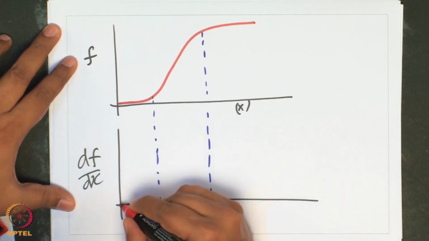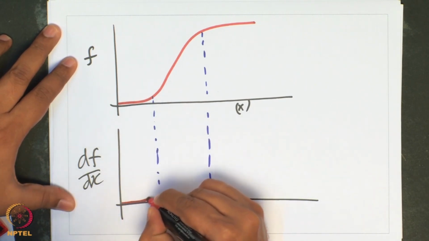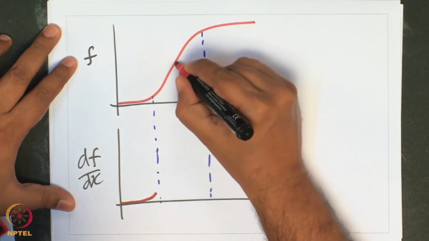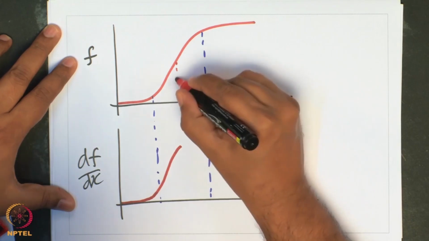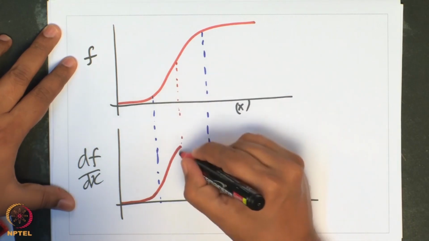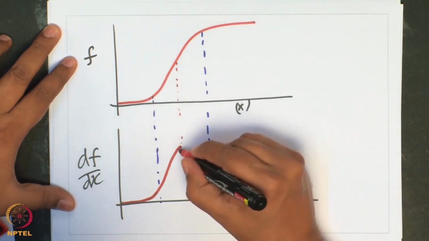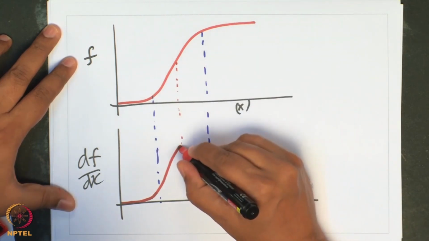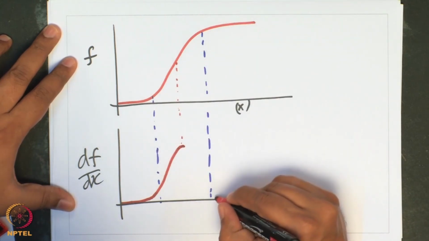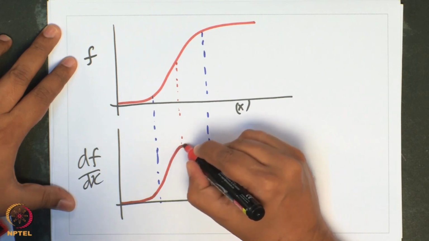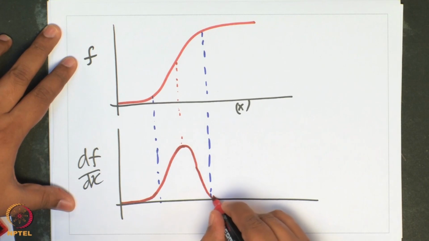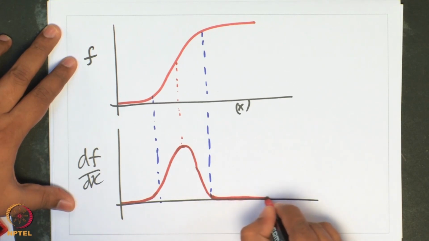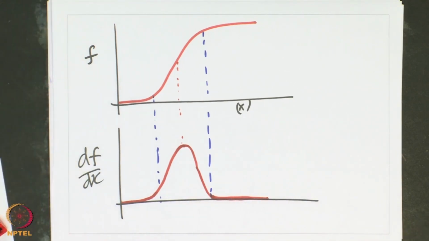Therefore, if I plot the derivative, early it will be 0, but it will slowly pick up, and somewhere here it will be maximum, because it is a smooth function, it is not like a straight line, and again it will hit 0 here. So, it has to reduce and come down nicely to 0, and then it will stay closer to 0, slowly it will reach 0. So, something like this.